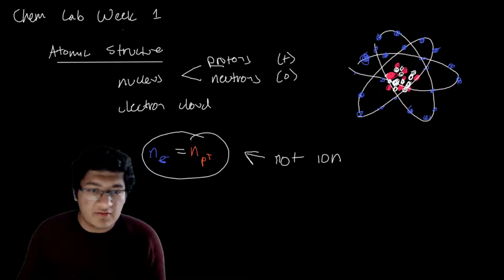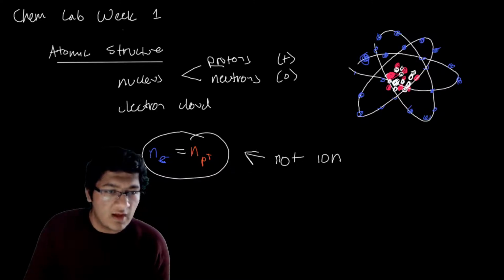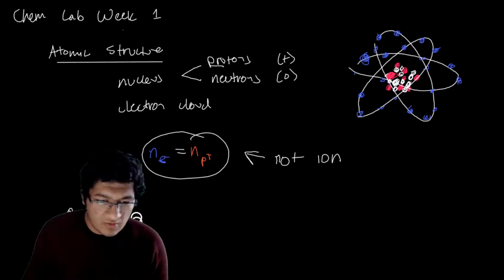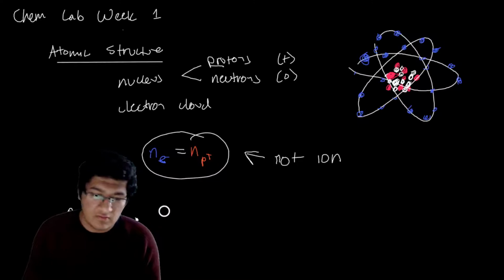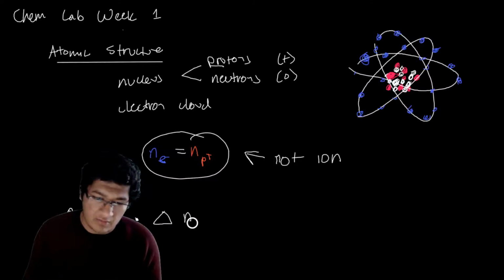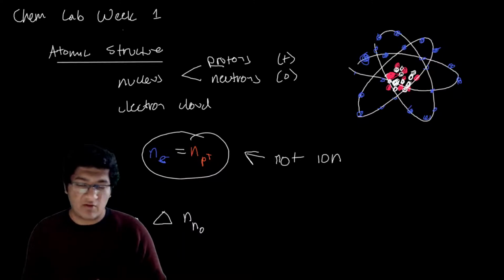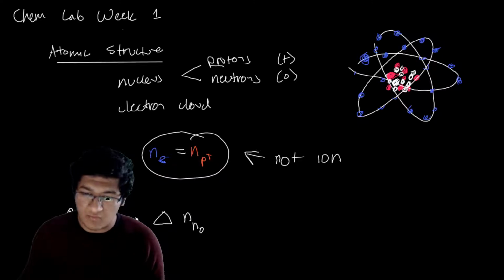There's another thing that we should definitely go over, and those are called isotopes. Isotopes are when there's a change in the number of neutrons that are present. And this changes the mass of the atom, because let's also go over atomic weight.